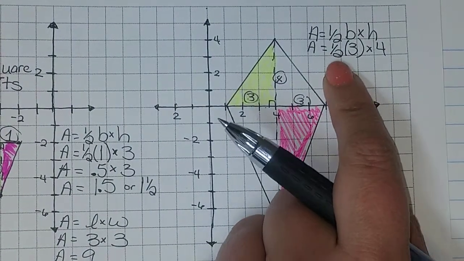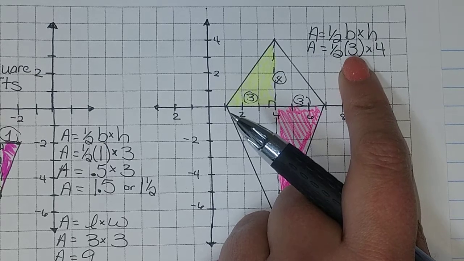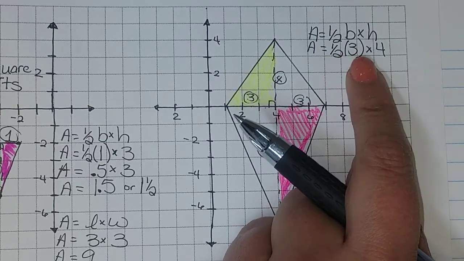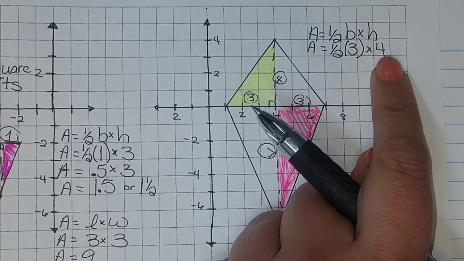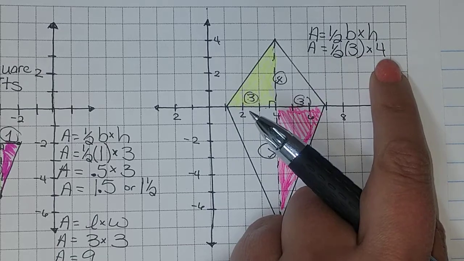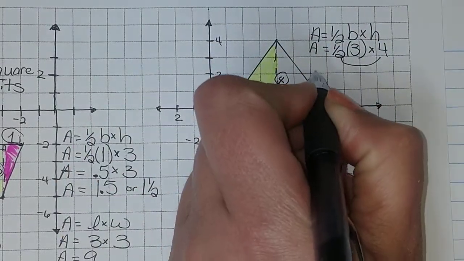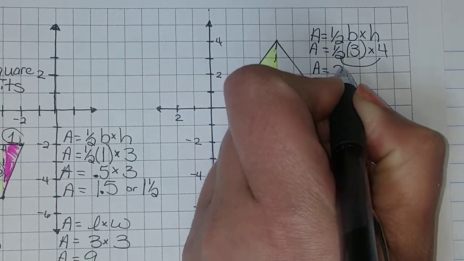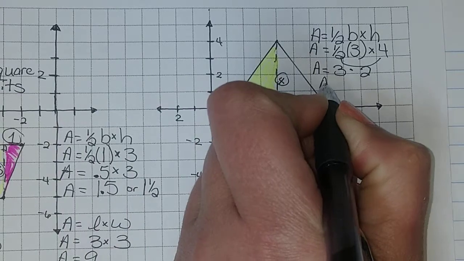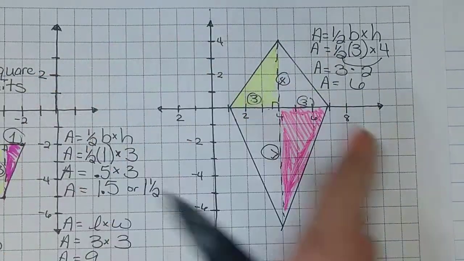Now, you can do 1/2 first, but if you remember, the commutative property of multiplication says I can multiply these numbers in any order that I want, which means that if I feel like taking half of 4, I can, which I'm going to do. So now I'm going to have my area equals 3 times half of 4, which is 2. My area for these top triangles, for each one, is going to be 6.